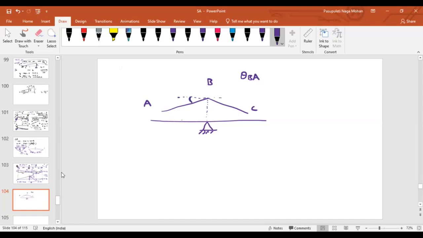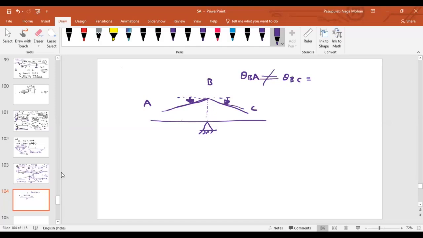Clockwise or anti-clockwise? Anti-clockwise, sir. Similarly, what is the direction of the member BC? Clockwise. So if I'm drawing a structure like this deflected shape, are the slopes the same or different, BA and BC?